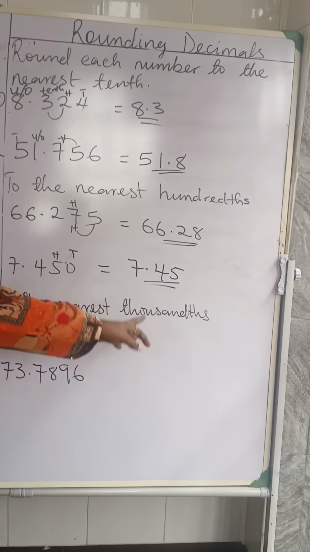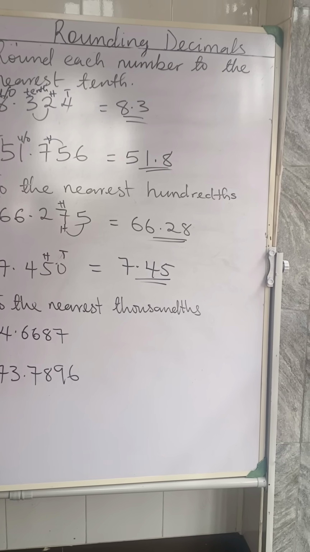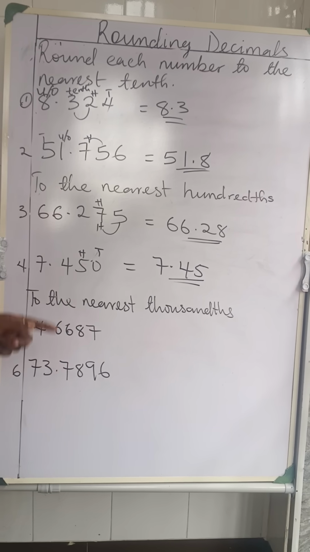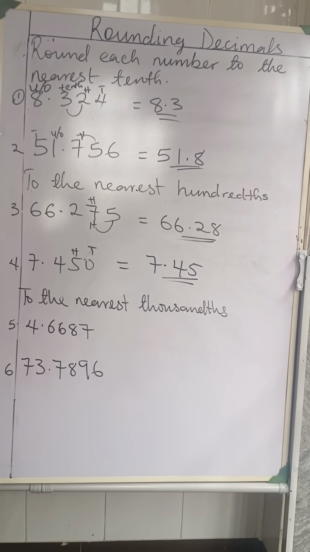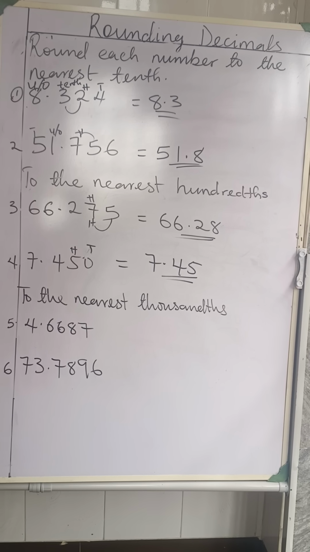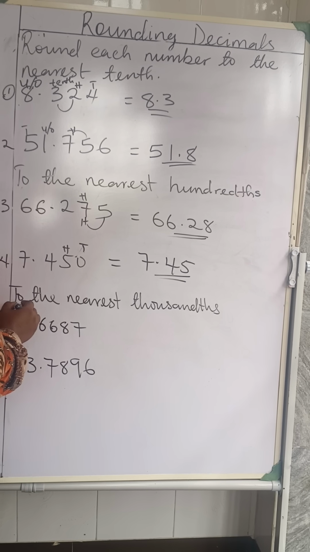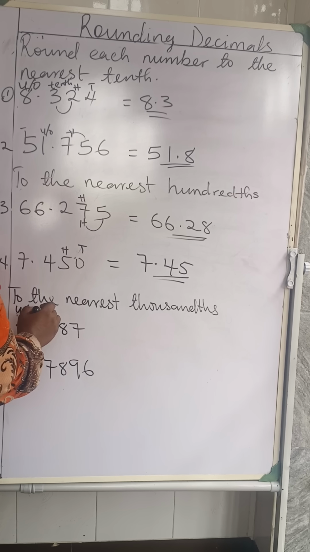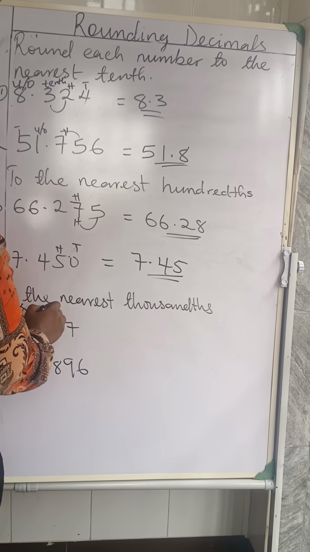Now to the nearest thousandth, we have number 5, 4.6687. What is going to be the answer? Here we'll have our whole number, which is our units or ones. This is our tenth, immediately after the decimal, this is our hundredth, and this is our thousandth.